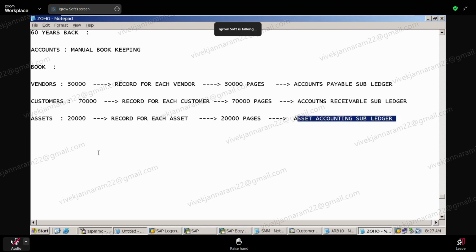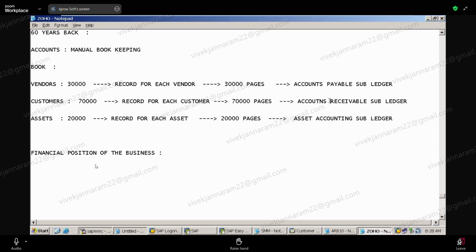But if someone is asking about the financial position of the business, this is a tough question, na? Financial position of the business. Now, financial position includes payables position. Yes, sir. Receivables position. Yes, sir. Assets position. Yes, sir. I cannot give him all the books and tell him, no, you decide. Can I do that?